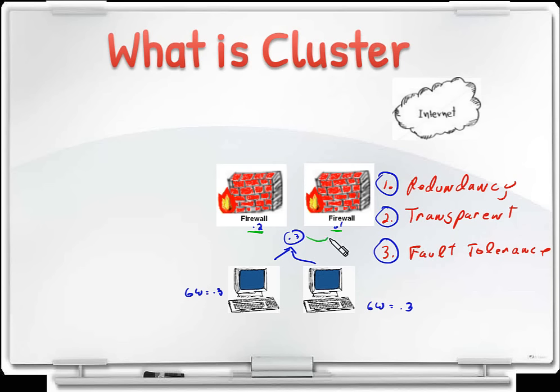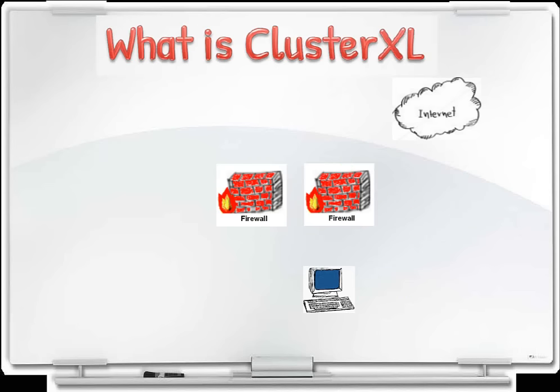All traffic will be forwarded to all the machines that are part of the cluster, and one or more machines can process this connection depending on what kind of clustering solution you've enabled. And depending on what clustering solution you've enabled, you can also guarantee fault tolerance if needed.